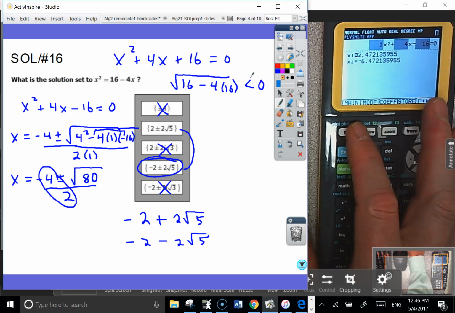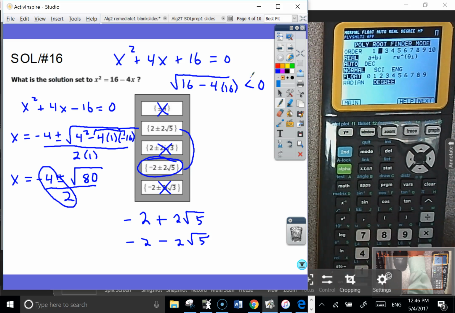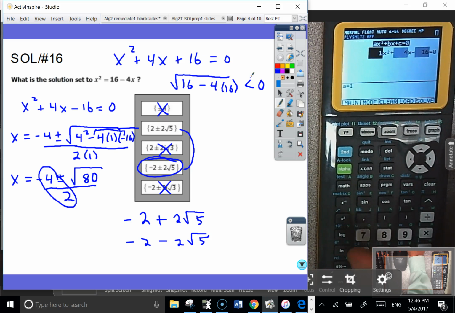You can do that with this app, right? If you go back to the main and 1 for polynomial root finder, on the second line, you can set it to do a plus bi. Then go to next. Again, I'm using the same numbers except that's a plus.